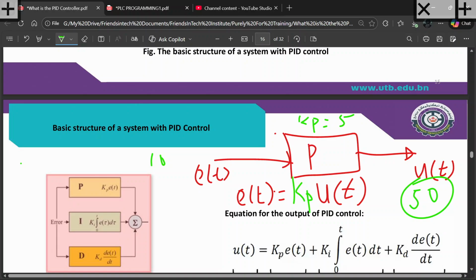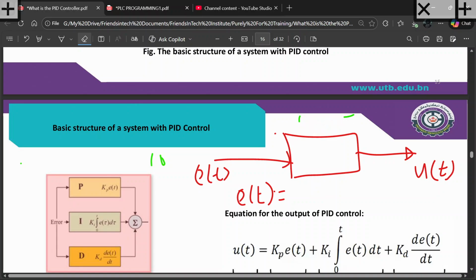All right, but what about integral? For integral, if we have I here, it means it is an integral controller. So here the output u of t is the integral of an error signal.